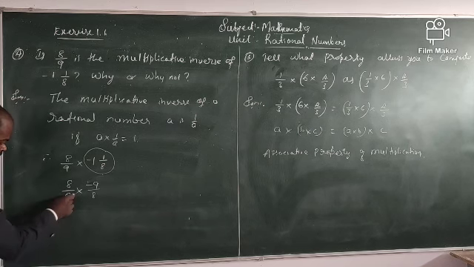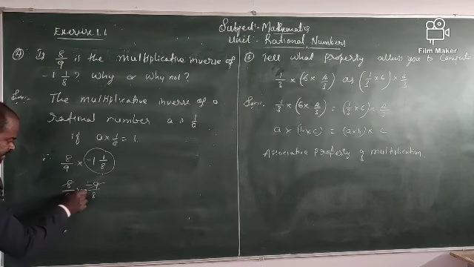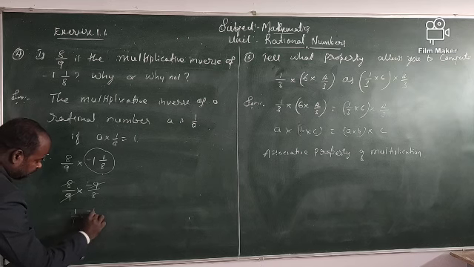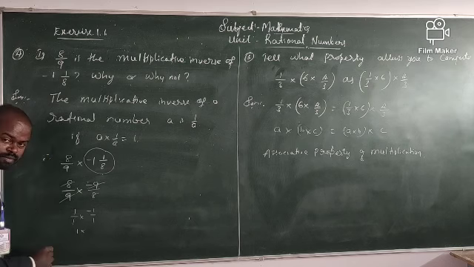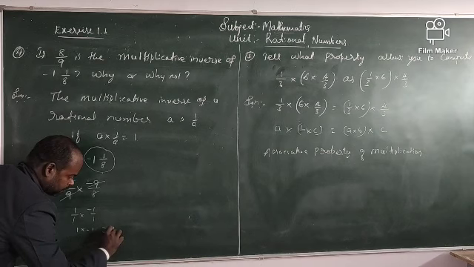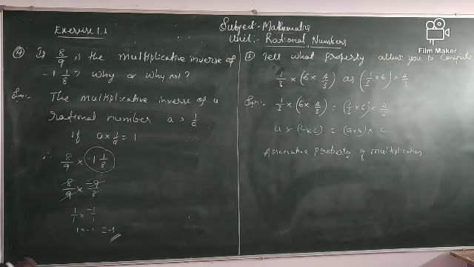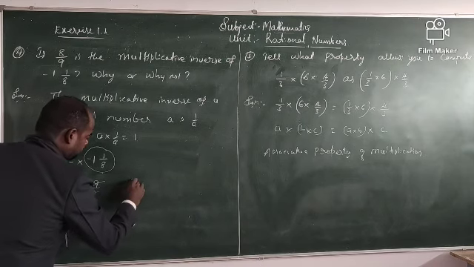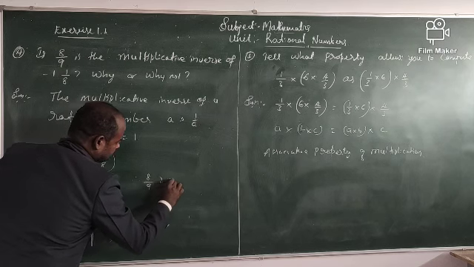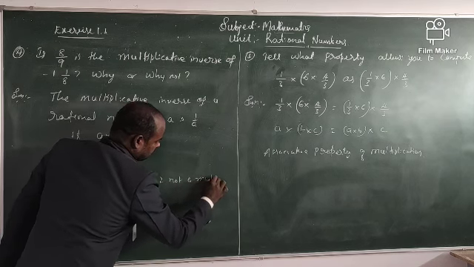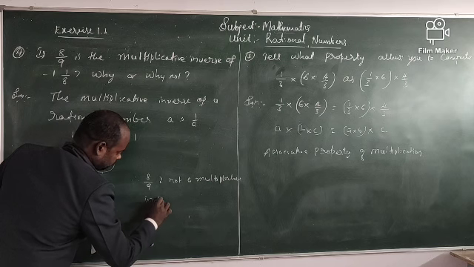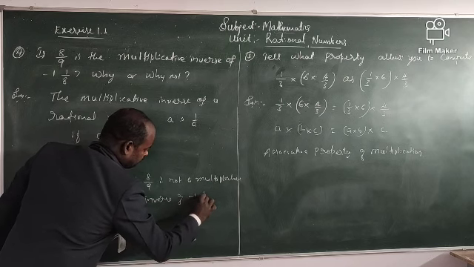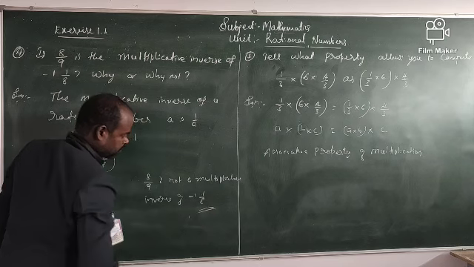Look here, 9 gets cancelled, 8 gets cancelled here. 1 by 1 into minus 1 by 1. 1 by 1 is nothing but 1, and minus 1 by 1 is nothing but minus 1. 1 into minus 1 is equal to minus 1. Therefore, 8 by 9 is not the multiplicative inverse of minus 1 by 8. Understand?